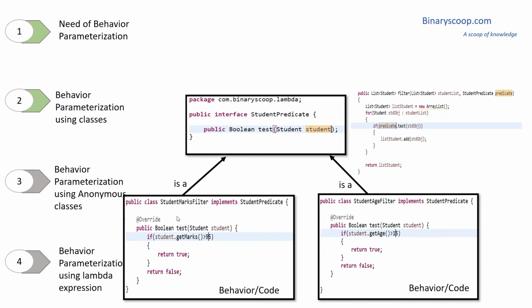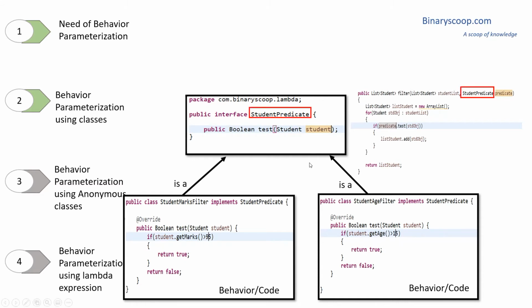We can see that inside student marks filter, the test method is overridden, and the student is filtered based upon the marks criteria. Similarly, inside the student age filter test, the student is filtered based upon the age criteria.